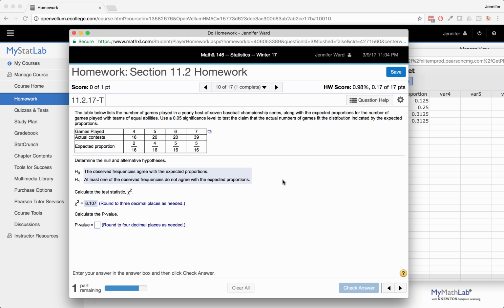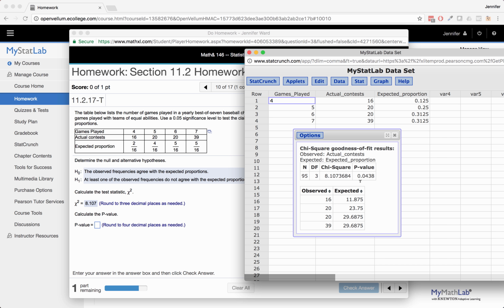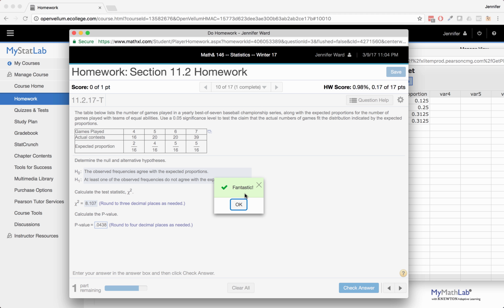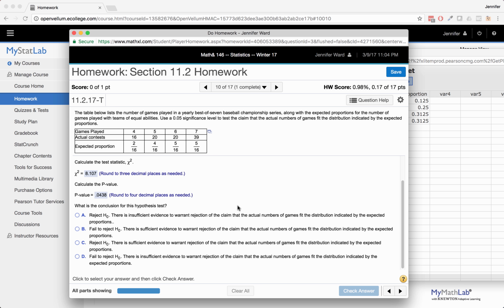Great. The p-value is to 4 decimal places, so 0.0438. Great. And then the conclusion of the test.